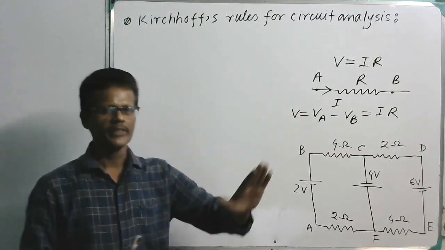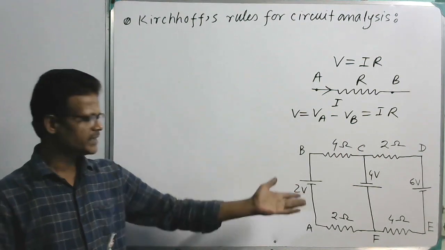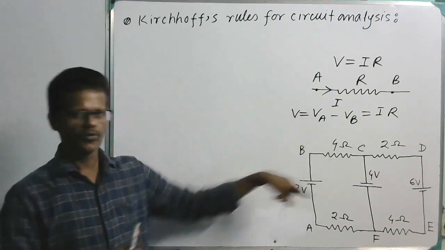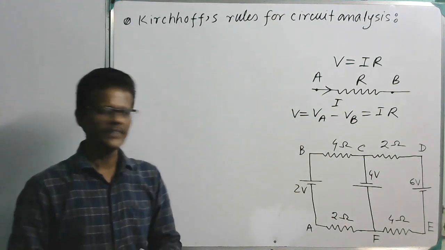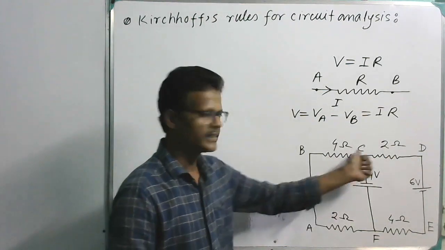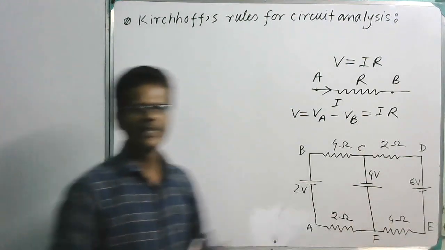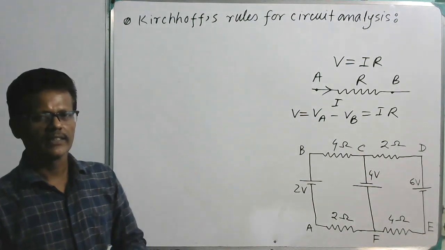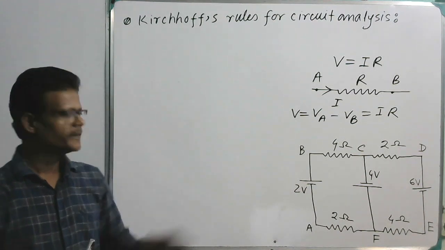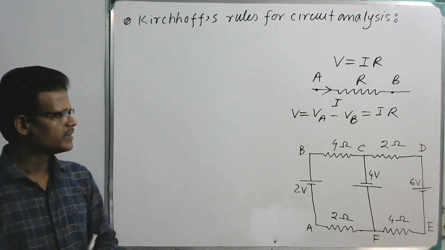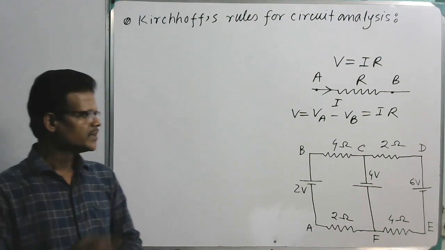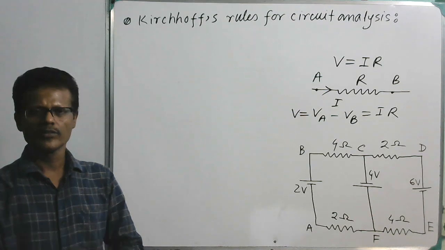Basically, circuit analysis means finding the current at different branches and the potential difference across each of those elements, or between any two points, suppose between points A and D, A and C, A and E. So how to calculate these in this complicated circuit? Ohm's law is not sufficient.